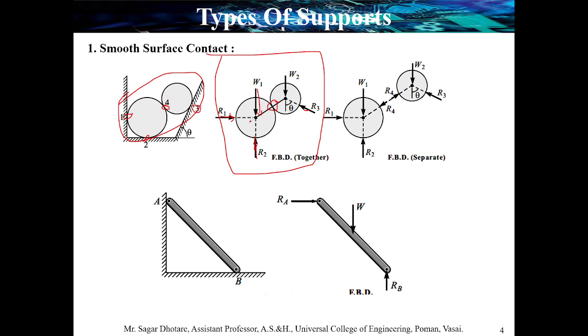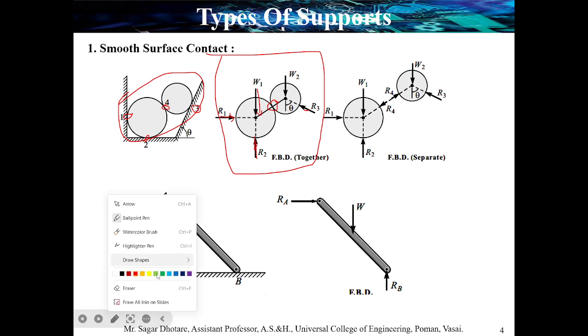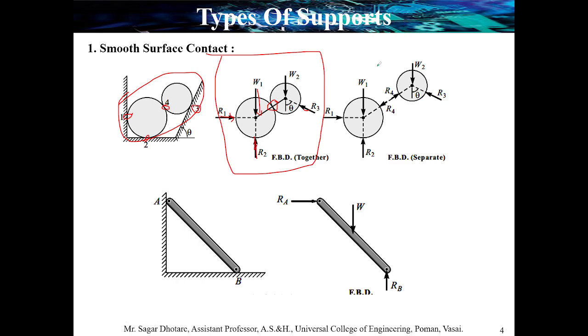Okay, so that is when we consider two spheres together with each other, or two cylinders together with each other. When we go with them separately, one by one, when we consider these entities as separate, so first entity you can say this one, and second one is this one. So for the first cylinder, or you can say sphere, there are four different forces acting over there.